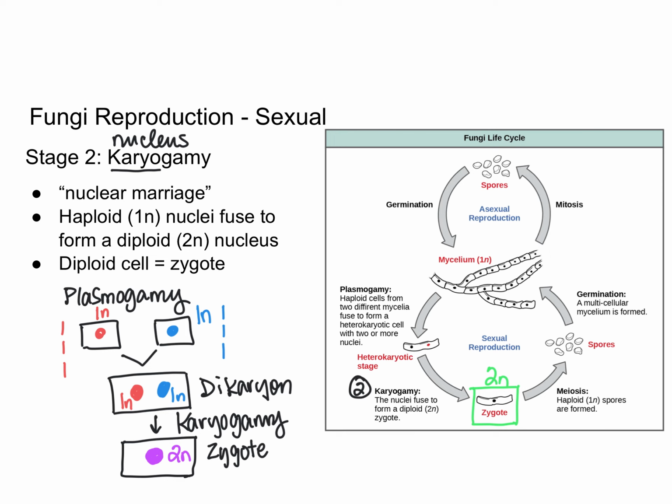They have the same types of genes on them, but they might have slightly different variations of those genes. Now in the zygote, these chromosomes have come together so that there are now paired chromosomes all contained within the same nucleus.